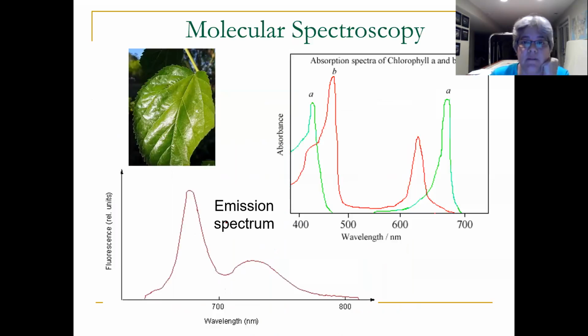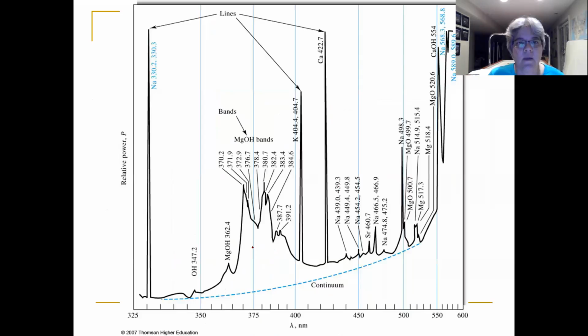Here's actually a real life absorption spectrum. So this is two of the pigments in a leaf, and you can see these broad absorption bands that we get. And here's an emission spectrum. Okay, here's actually a picture of an absorption spectrum. Now, do you think this is for a molecule or for an atom by how it looks?